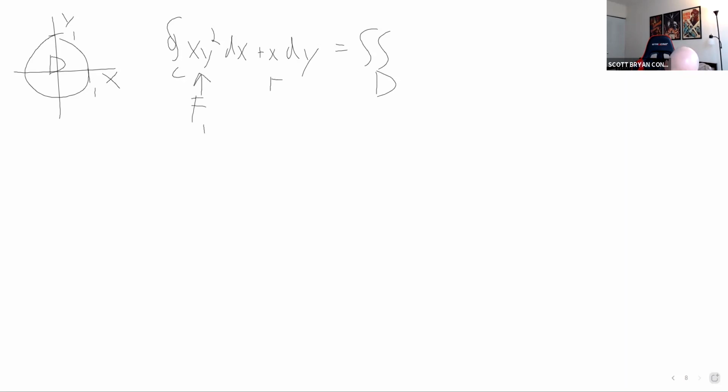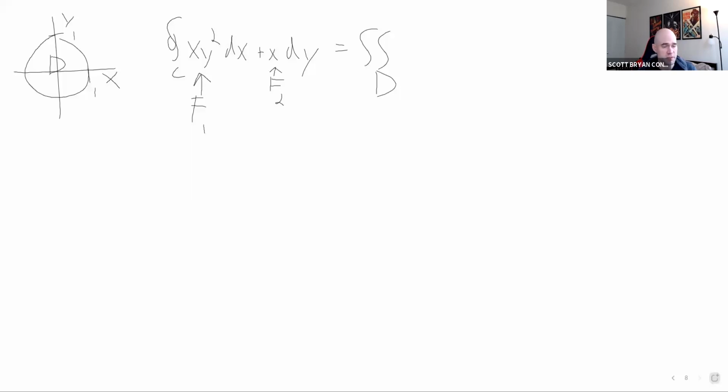So that was our curve C. Let's look at the enclosed region D. That was our integral. Let's use Green's theorem. Green's theorem says that is equal to the integral over the enclosed region of the partial of f2 with respect to x.